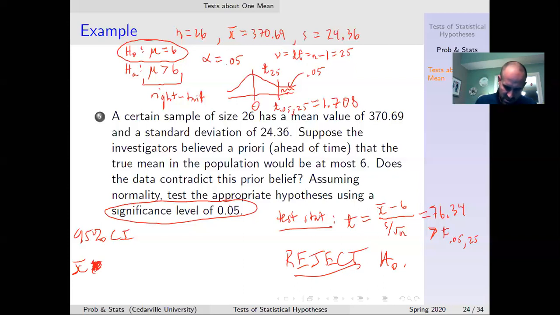So how would I do this? Well, actually, what you do here is you go x bar minus t sub 0.05, comma 25, times s over the square root of n.